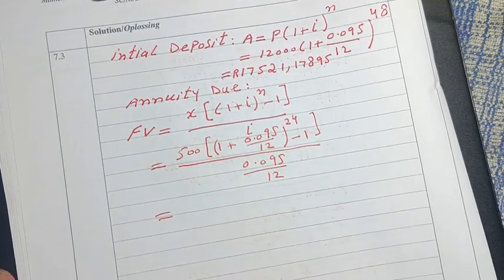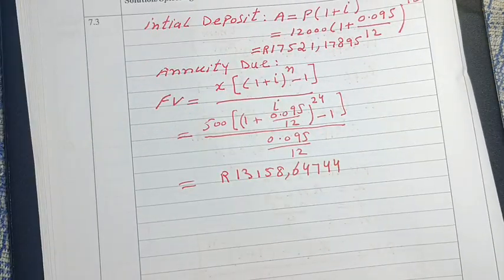So I'm going to use the calculator now. 13,158.64744. This is my answer.